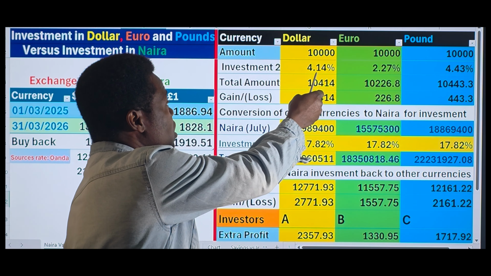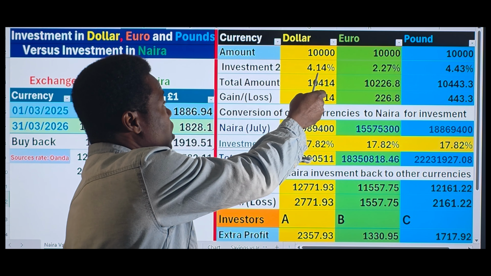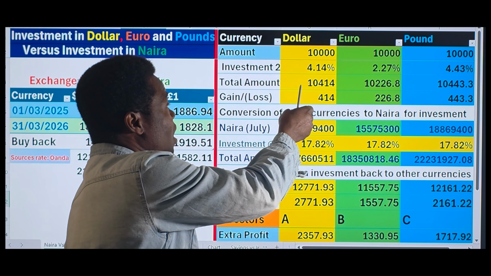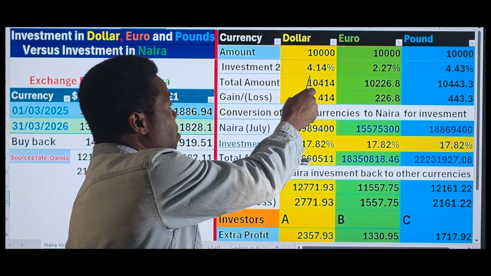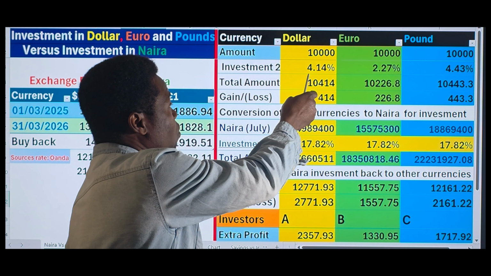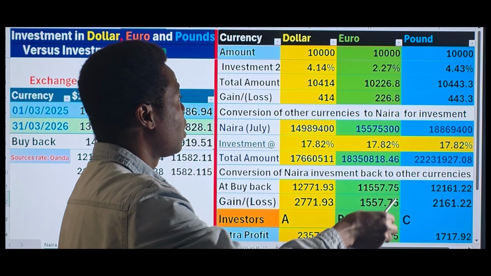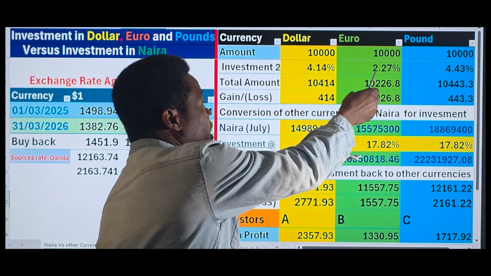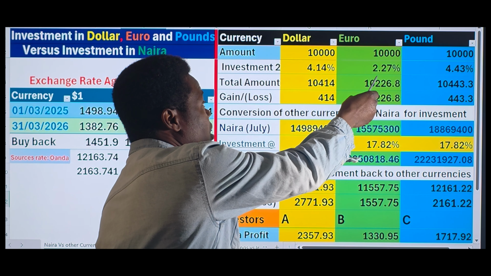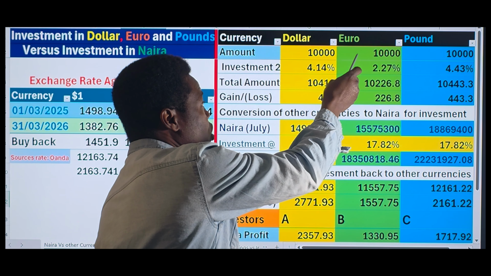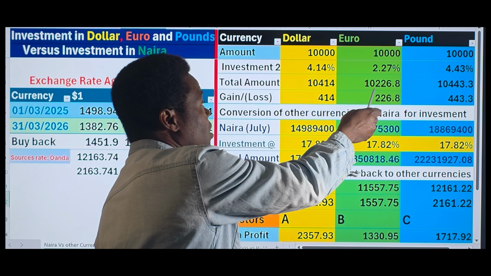The interest rate for Treasury bill in America as at March 2025 is 4.14%. We'll be taking Italy as a country in Europe for this analysis.